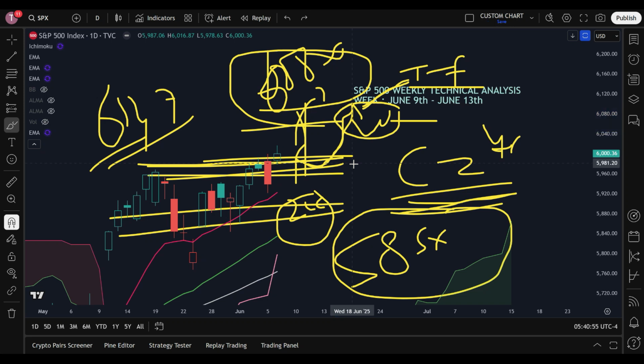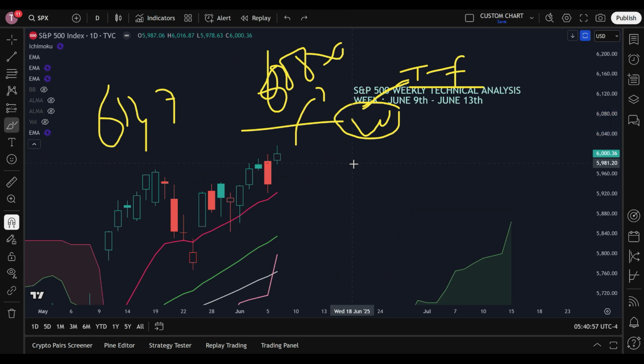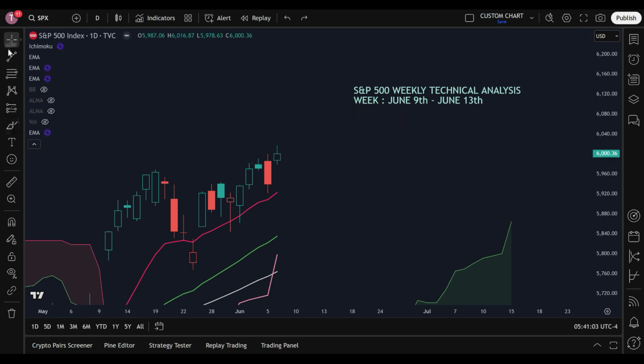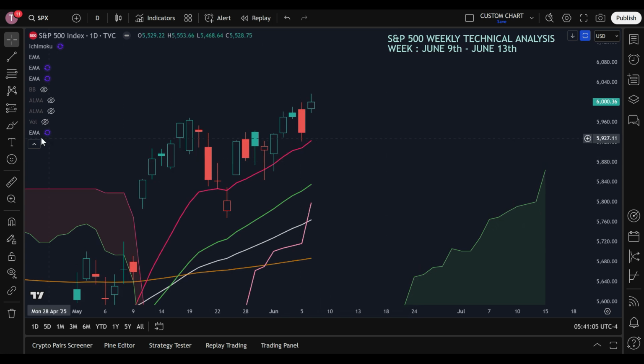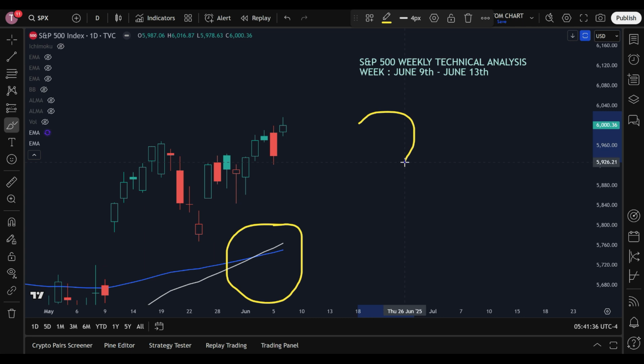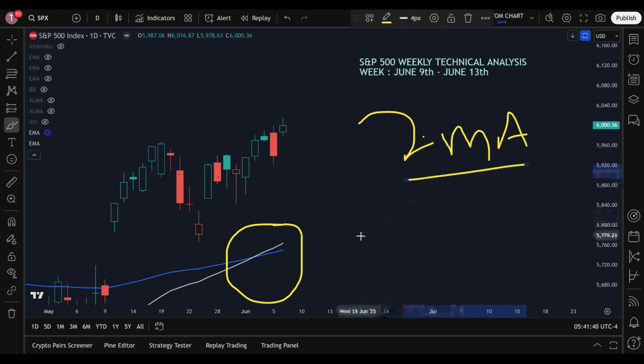Sorry guys, I forgot to mention a very important thing that I mentioned to my Patreon community members also, so you need to understand this point. It is about two moving averages. To my Patreon community members, I've already discussed this in detail in the midweek update video.